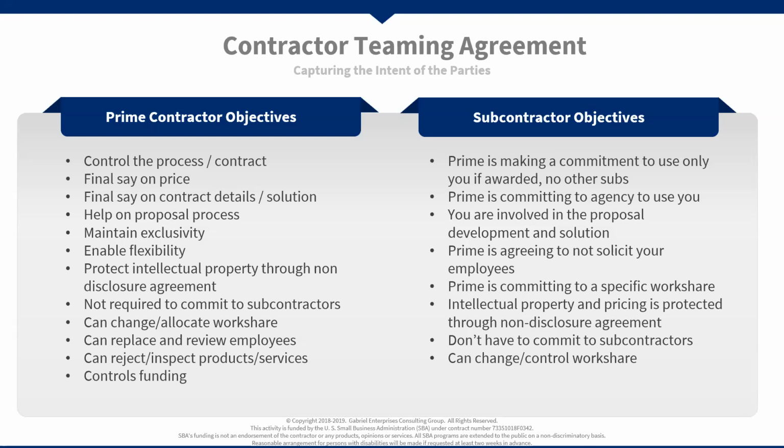As the prime contractor, you may want to try and lock in through these teaming agreements that the subcontractors are only going to work with your company for a particular proposal, for a particular agency and solicitation.